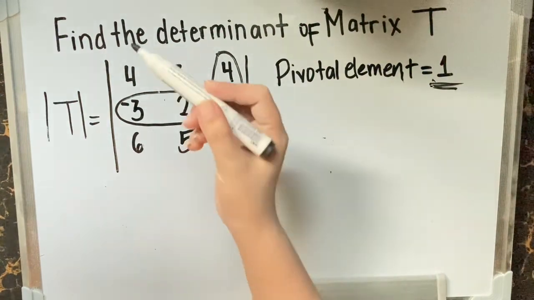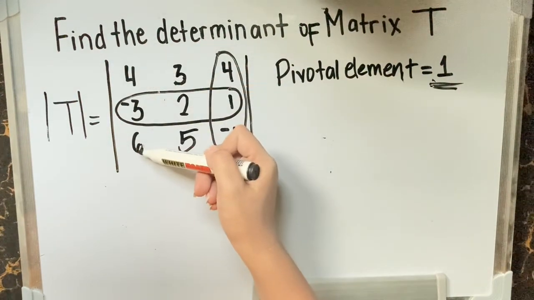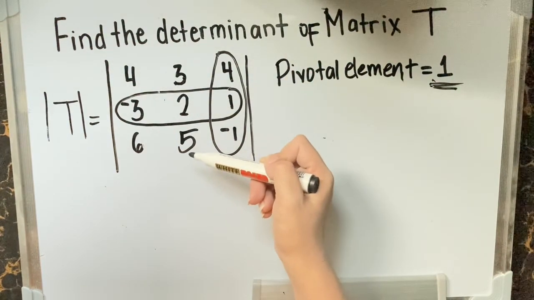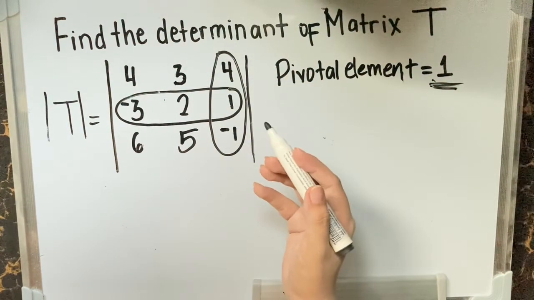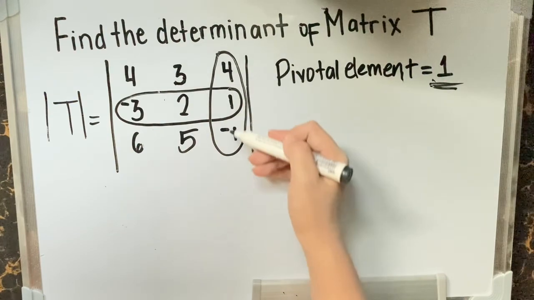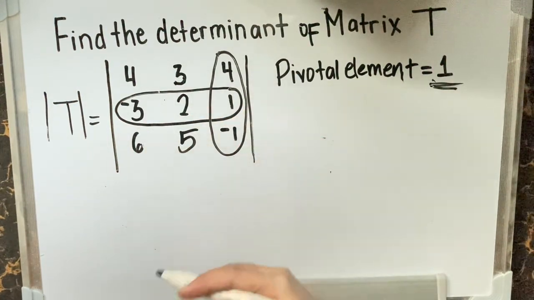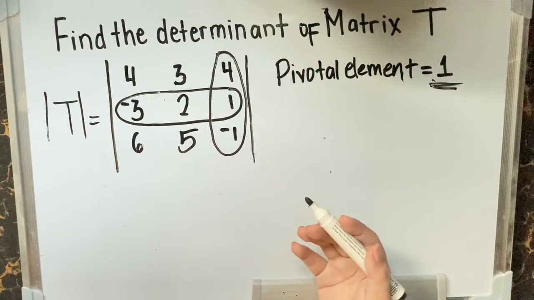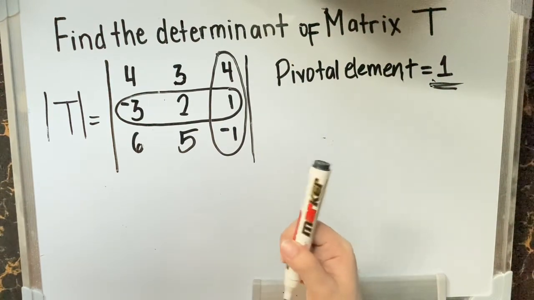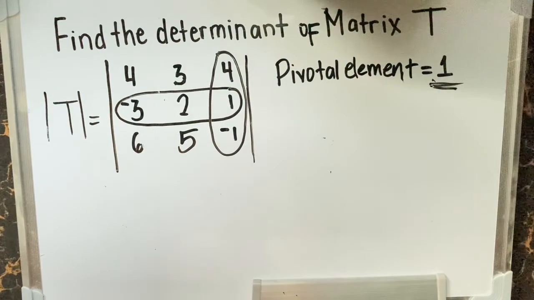Bakit? Kasi ito na lang po ang matitira. 4, 6, 3, and 5. But when we are solving, we are going to make use of these columns and rows that are omitted from our solution. So instead of completely deleting them from your determinant, pwede tayong gumamit ng marker or highlighter, katulad na ginamit natin, to cover that part.